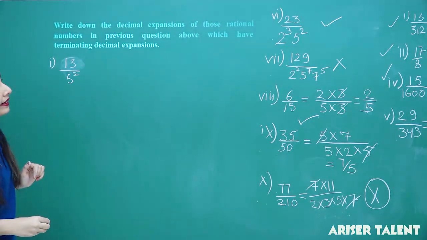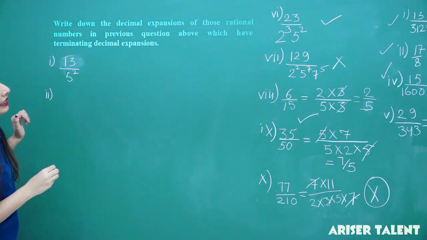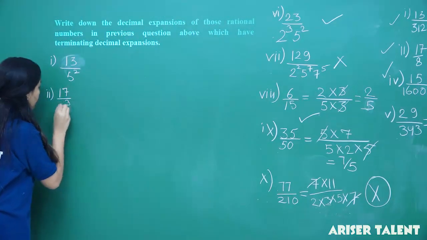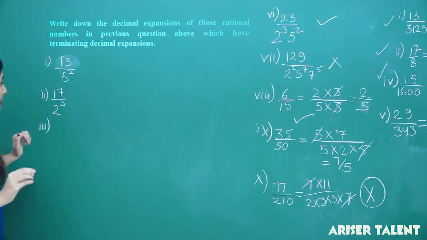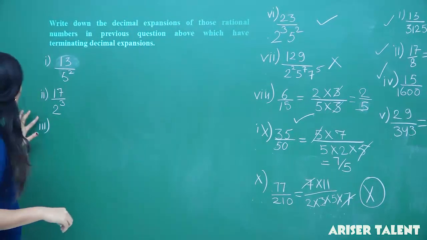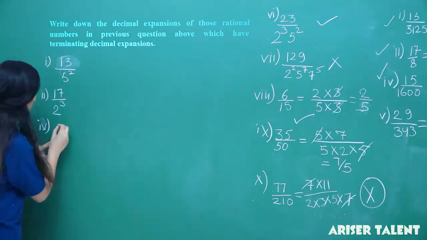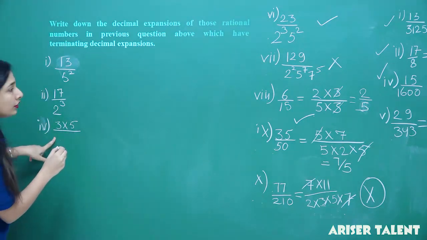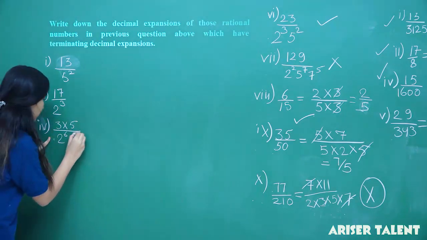Now coming to the second, that was again terminating, 17 raised to power 3. If you know how to calculate it, how to convert it into decimal, do it before me. Then the third was not terminating, the fourth one was terminating. The fourth one was 3 multiplied by 5 raised to power 6, 5 raised to power 2.